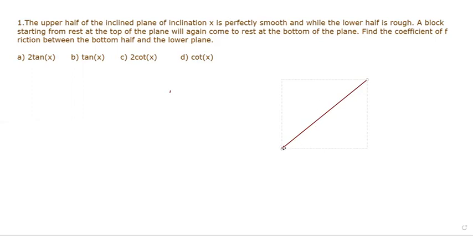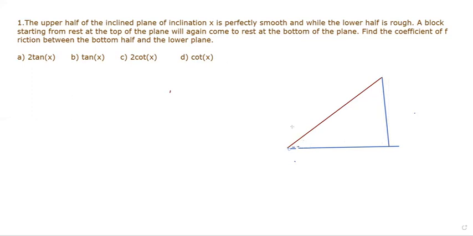So this is our inclined plane here. And let me draw the wedge over here. This is the wedge, a perfect right angle wedge, which is the inclined plane we are talking about.